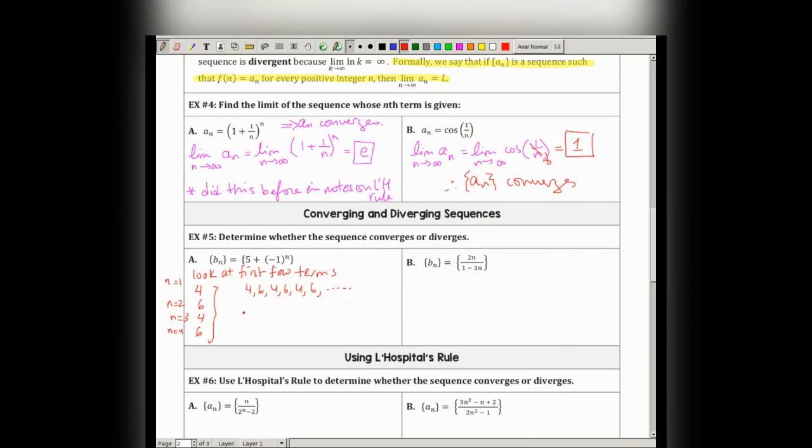Yes, exactly. So it alternates. The terms alternate forever, which means they're never going to converge to anything. The sequence diverges.